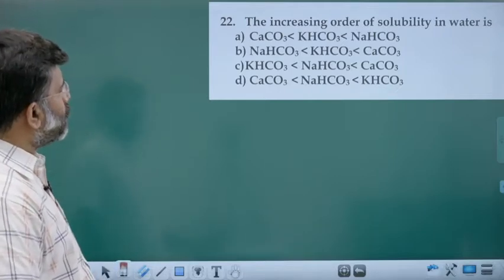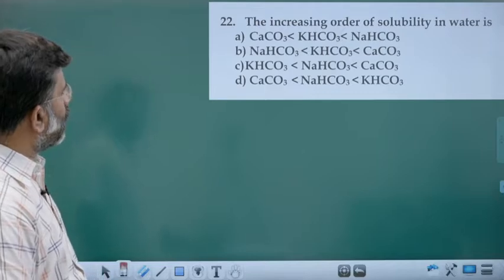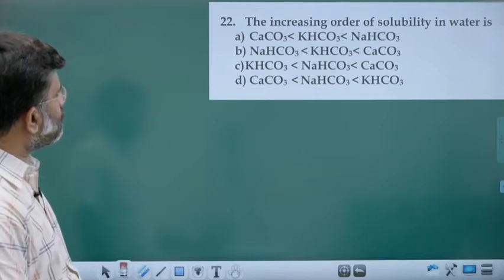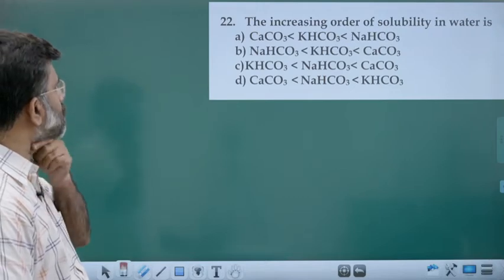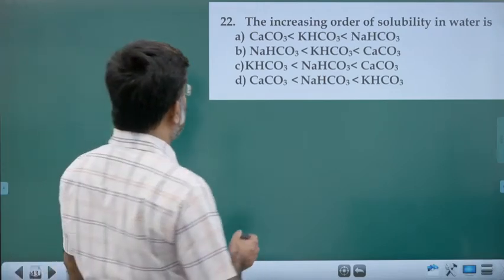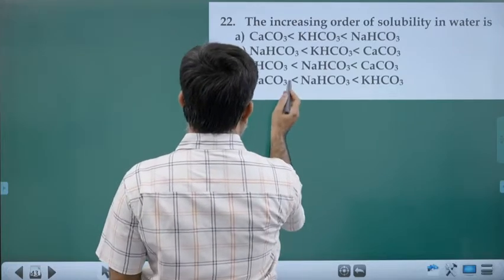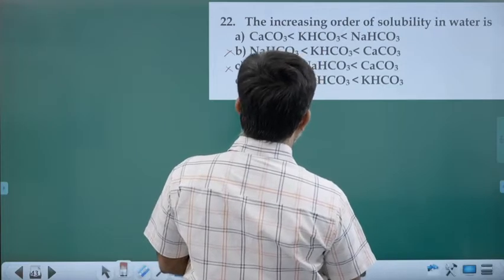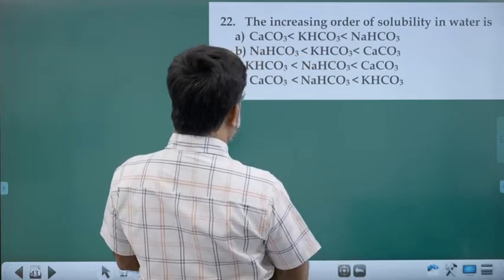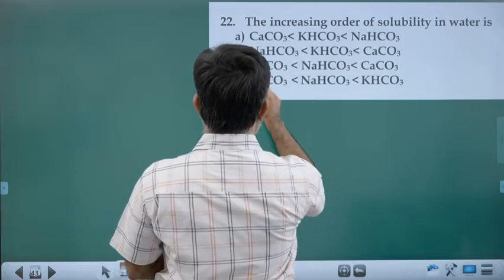Increasing order of solubility in water. Least soluble is calcium carbonate. So we are cancelling this because that will precipitate. Calcium carbonate is insoluble, it will precipitate. And the next solubility, sodium bicarbonate.